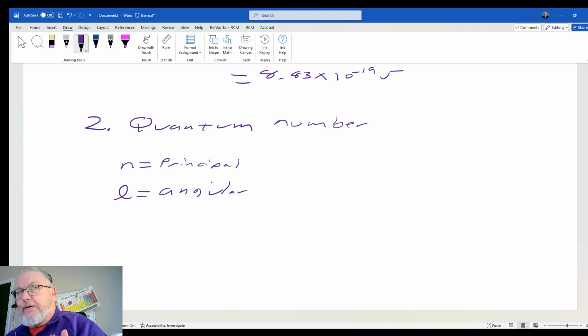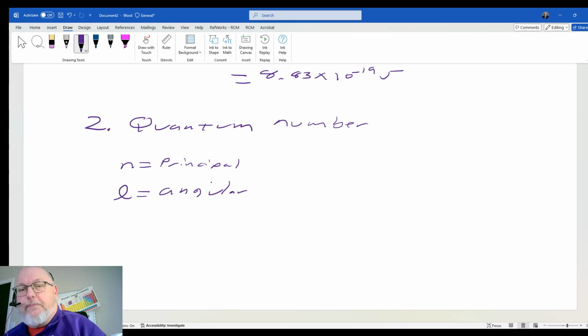So those are the shapes. S, P, D, and F. That's what you need to know. Now, if you're going to put a number to that, the S's are zeros, the P's are ones, D's are two, and F's are three. Okay, there's only 4 of those right now.